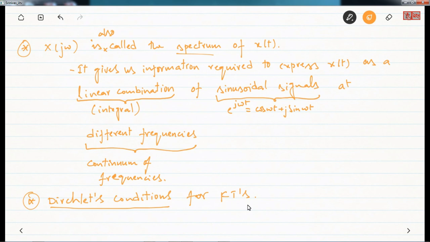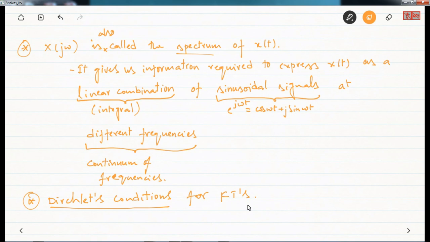As I said, we can define them in 10 minutes, but we have to understand how they came into existence from Fourier series, how people thought about having Fourier transforms.